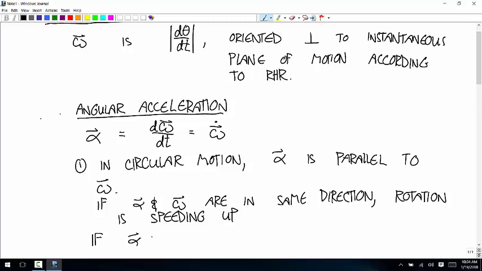And if they're in opposite directions, the rotation is slowing down.